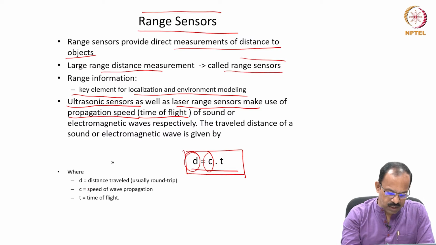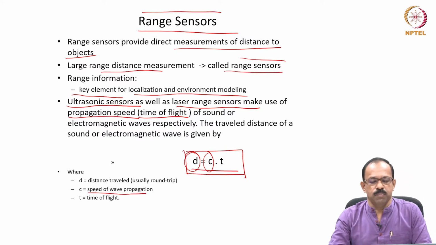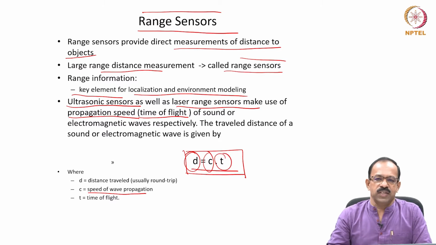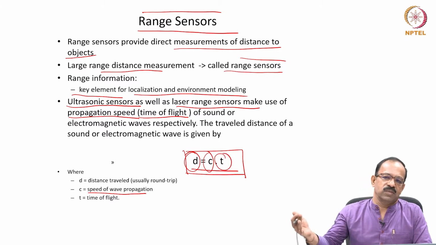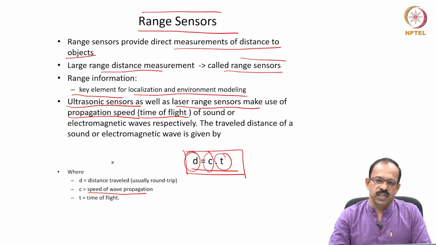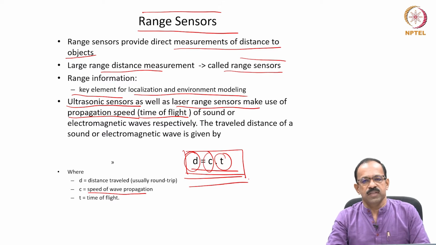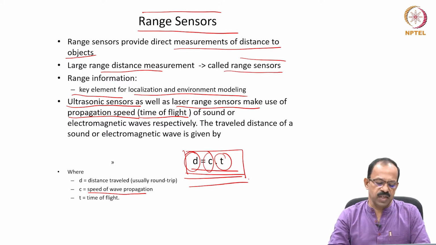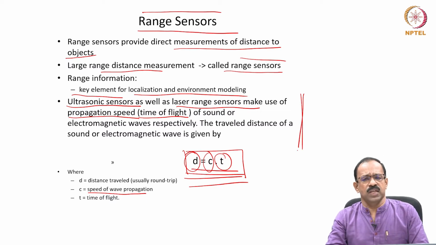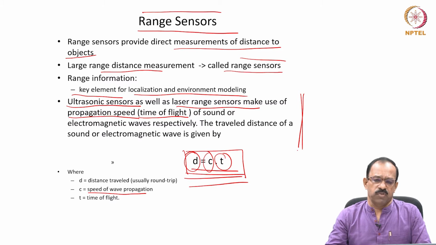If we know the speed of that wave propagation, then by looking at the time of flight, how much time it took for the signal to return after hitting the object, we will be able to get the distance. Both the laser range sensor and the ultrasonic sensor use this principle for measurement.